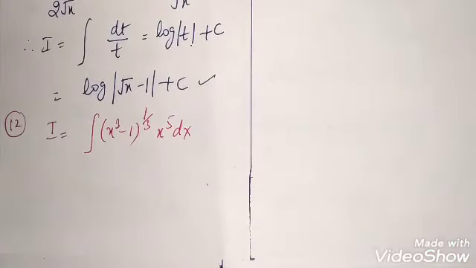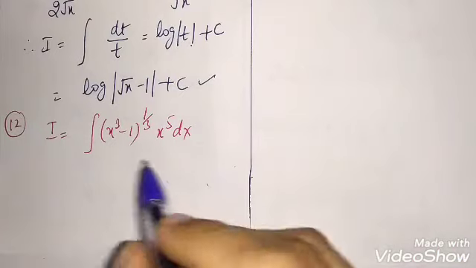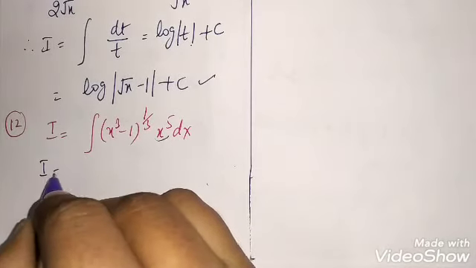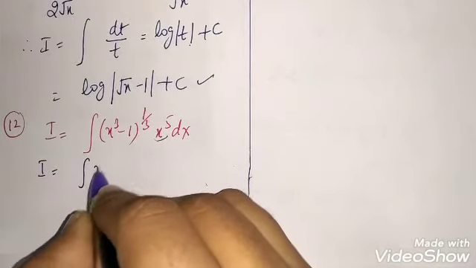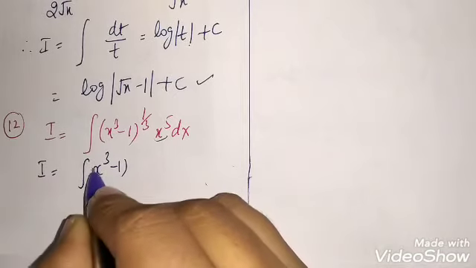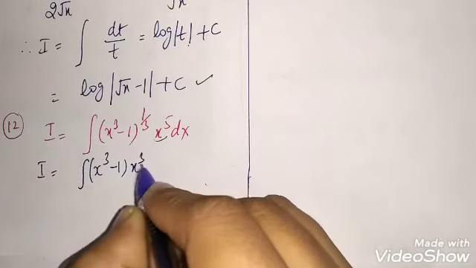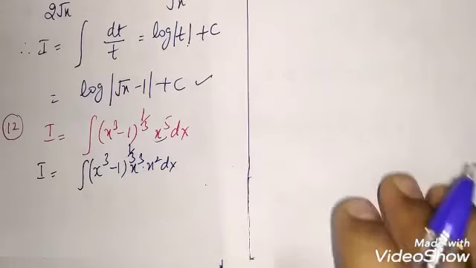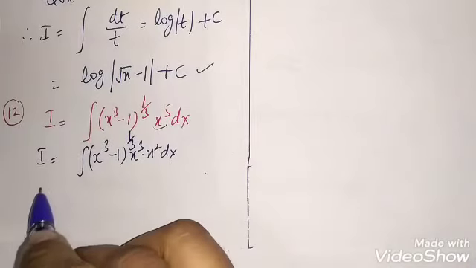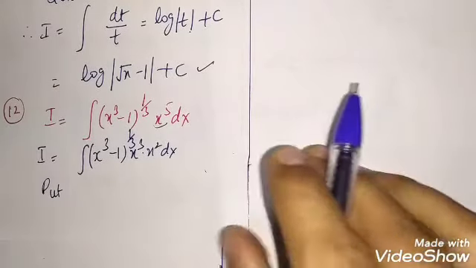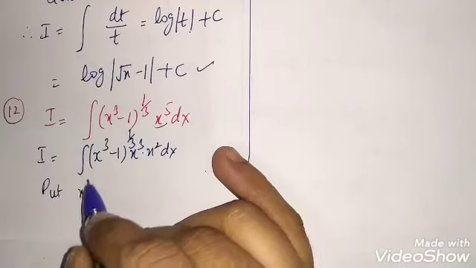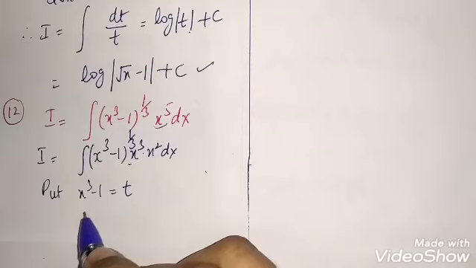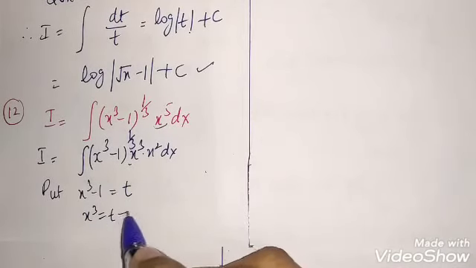How can we do this? See, I can write it as I equal to the integration of x cube minus 1, with power 1 by 3, into x cube into x square dx. Now put x cube minus 1 to be t. So x cube is equal to t plus 1.